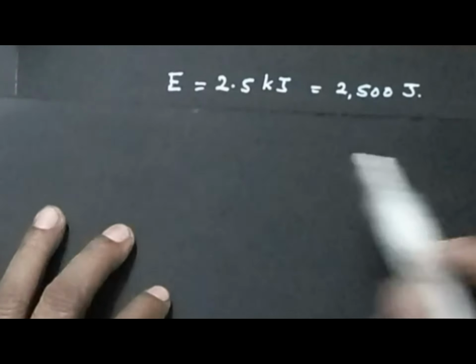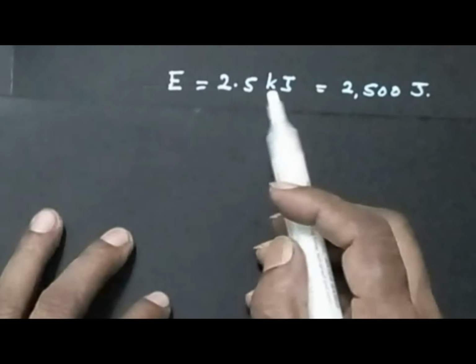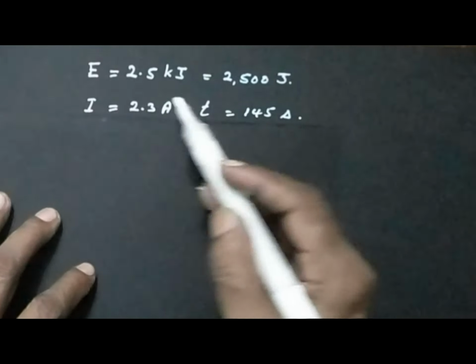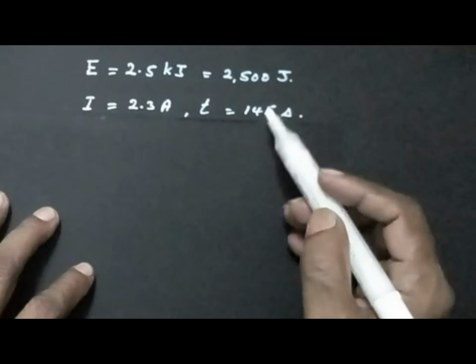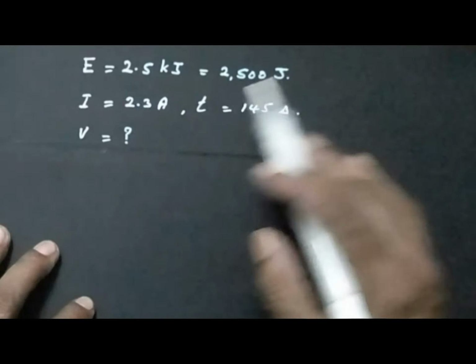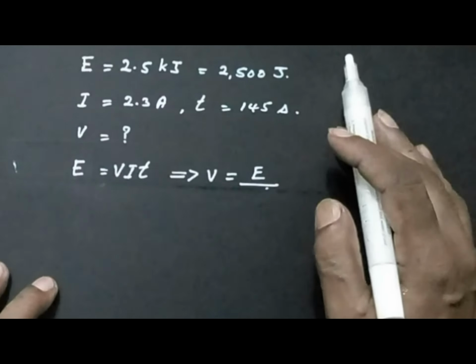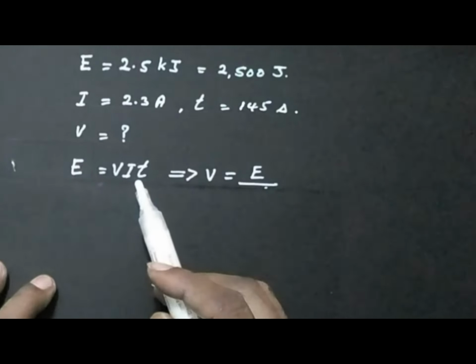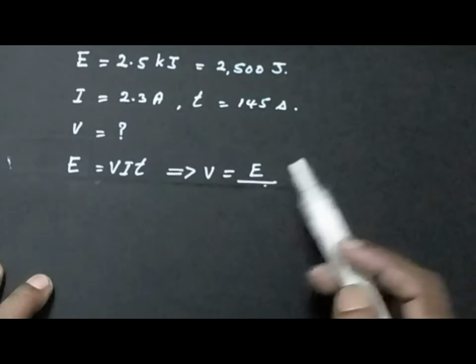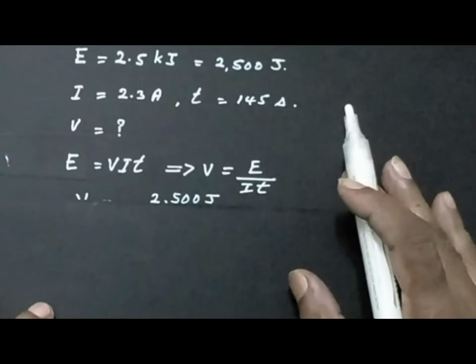So if E is equal to 2.5 kilojoules, which is 2,500 joules, I, which is the current, is 2.3 amp, and T is the time 145 seconds, and you want to find V, we know that E is equal to VIT. If we make V the subject of the formula, we will get E over IT.